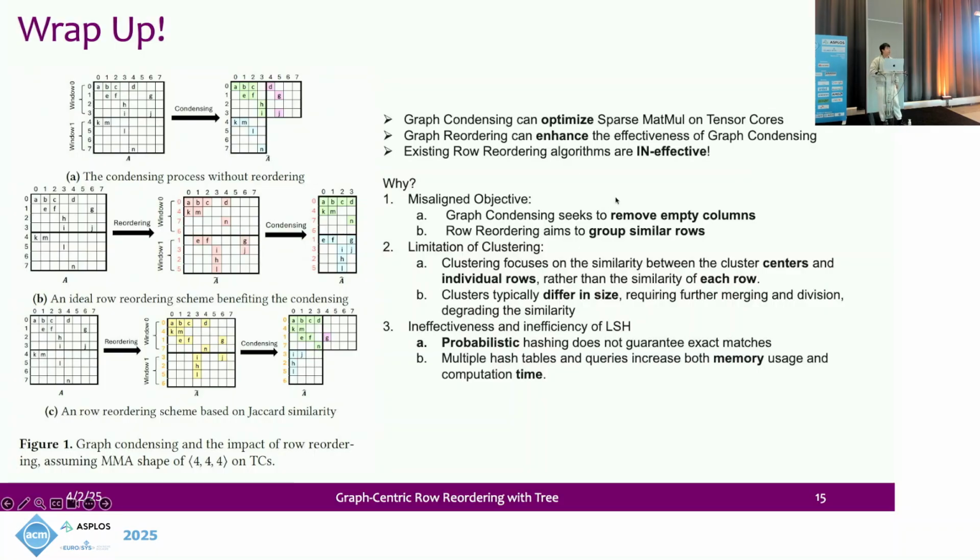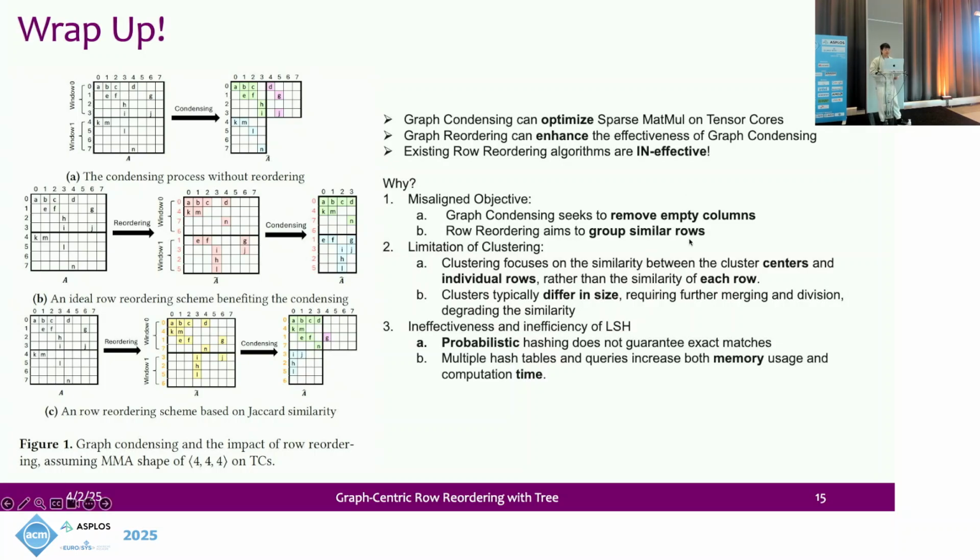The limitation of the clustering algorithm is another important reason. The clustering focuses on the similarity between the cluster centers and the individual rows, but the similarity between rows is more important.